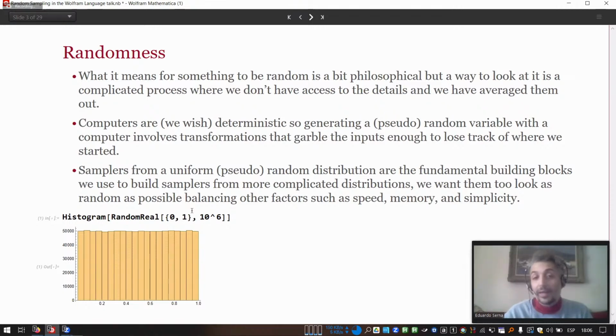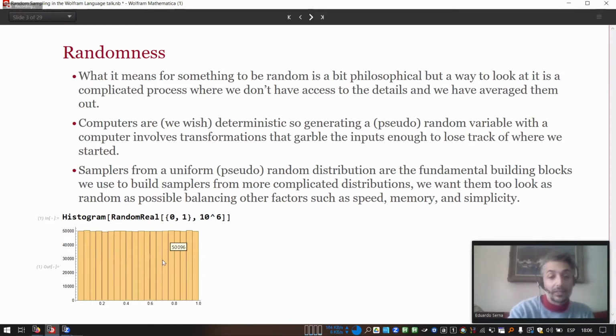Reproducibility is also a key aspect, because with computers we want to have our cake and eat it too: we also want to be able to reproduce the results by controlling what's called the seed of the random number generator.